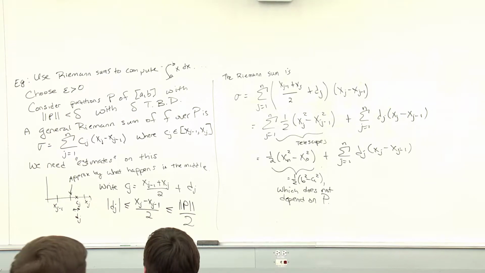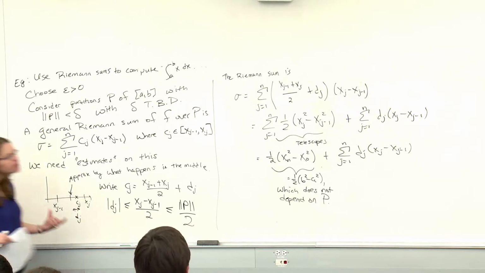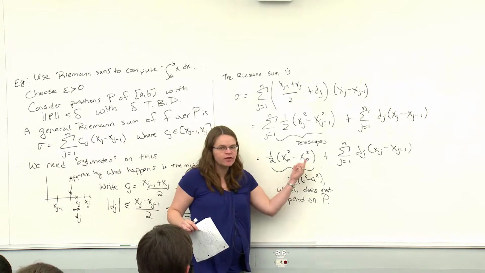That's good. We want to come up with some sort of bulk piece of this that doesn't depend on the partition, because we're looking for a candidate for the limit. We're looking for a candidate for L, and L is not allowed to depend on which partition we use. L is just the final value of the limit. So this is potentially a candidate for L.